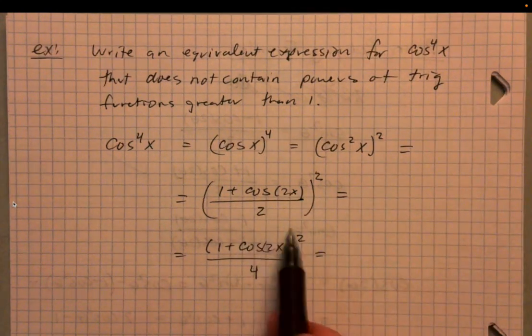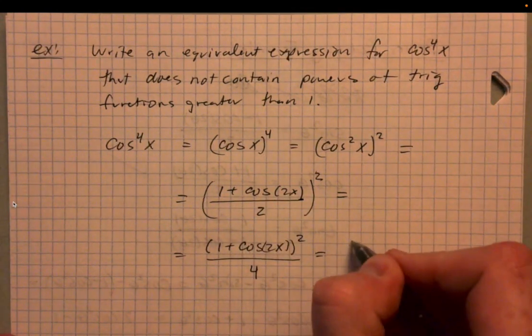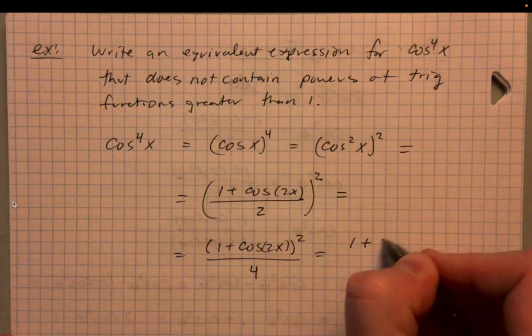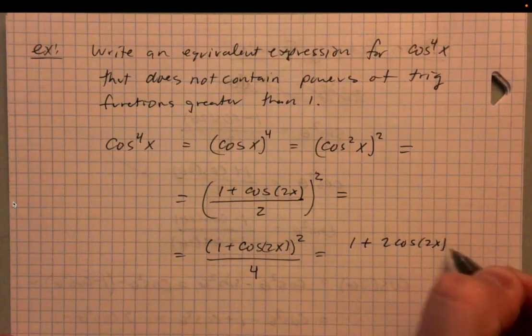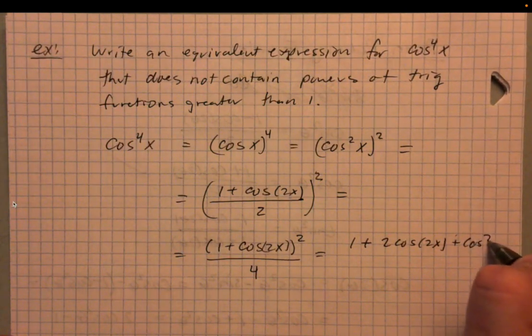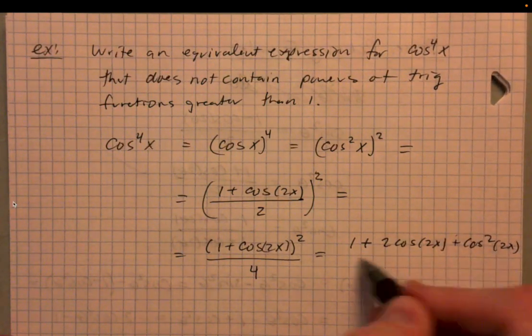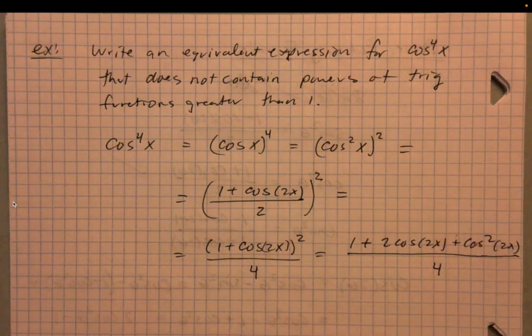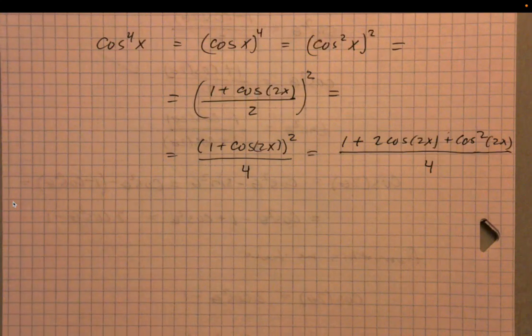And so let's expand this numerator. And what do we get? We get 1 plus 2 cos of 2x plus cos squared 2x all over 4. Okay. And so we have this. And we're getting closer, right?